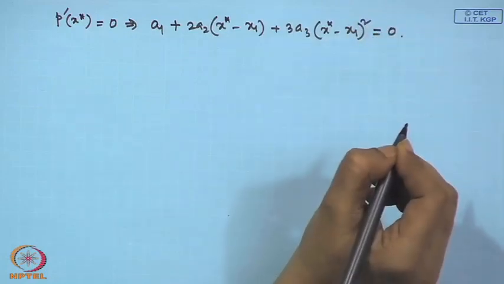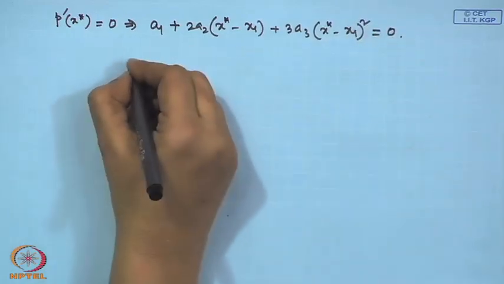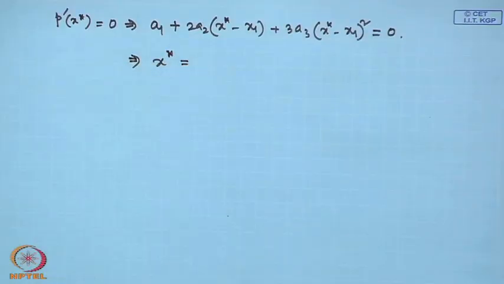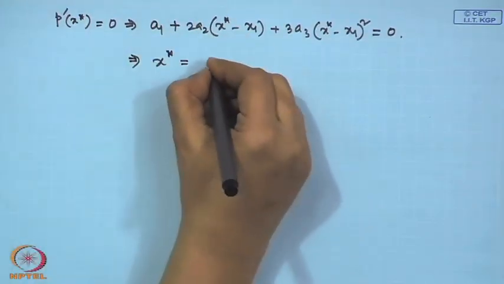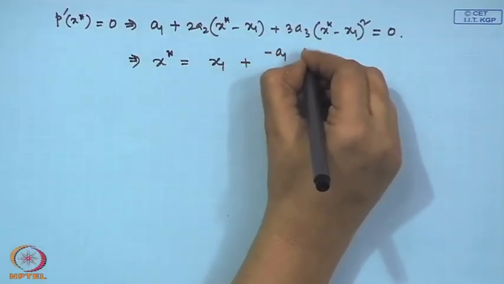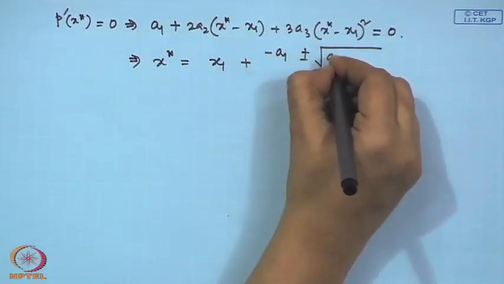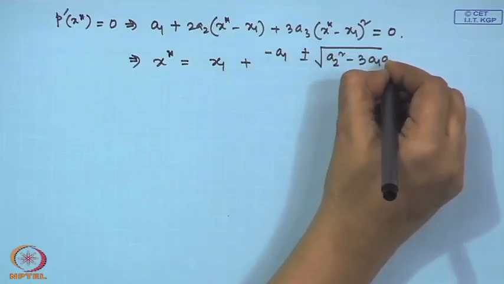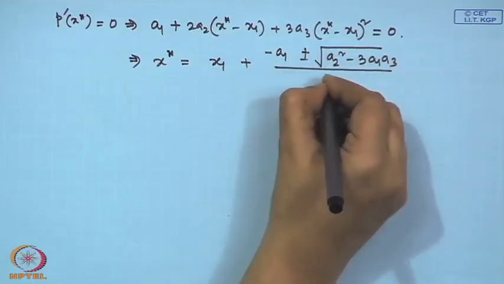This is the equation for us. From here we get the value for x star as x1 plus or minus (A1 plus or minus root over A2 square minus 3 A1 A3) divided by 3 A3.